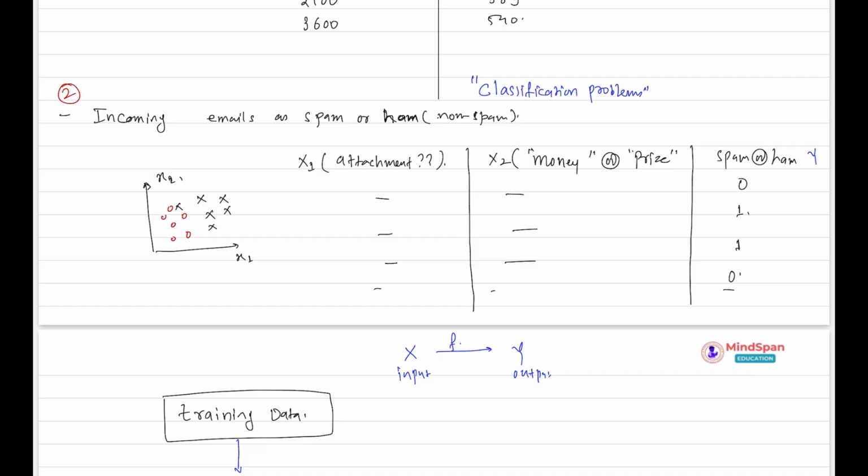So our goal is to learn this decision boundary, right? Or our goal is to learn this hyperplane that separates most of the positive examples on one side and most of the negative examples on the other side, right?